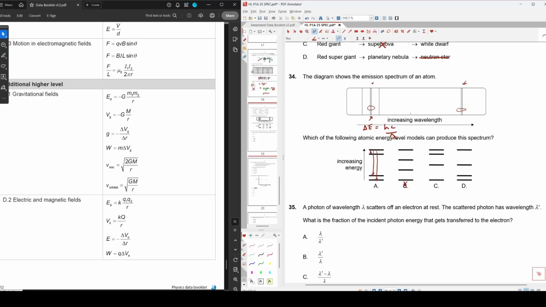Then there's this one and this one. I think it's got to be A, because you have 2 sets of almost the same energy. These two lines mean about the same amount of energy.